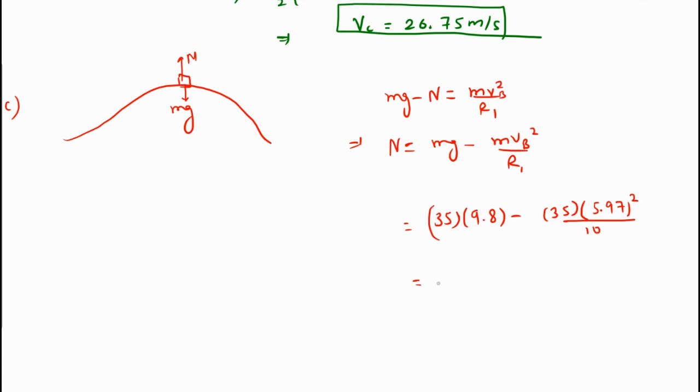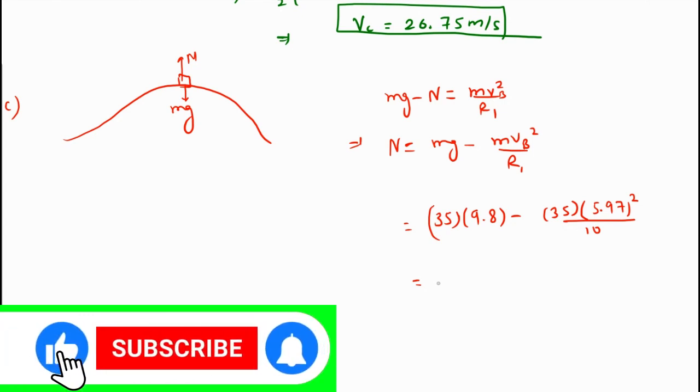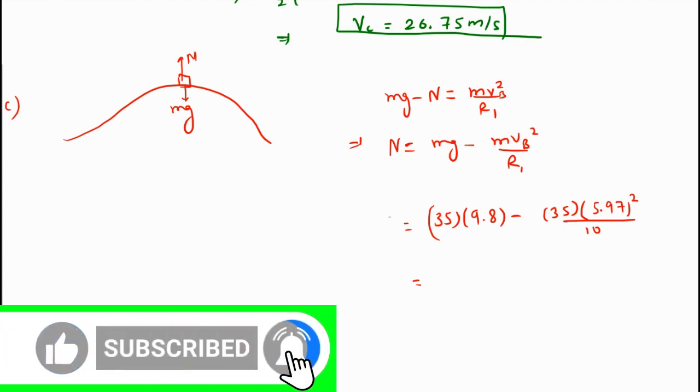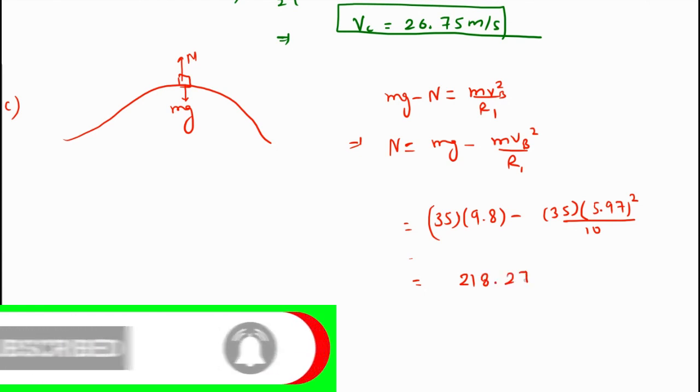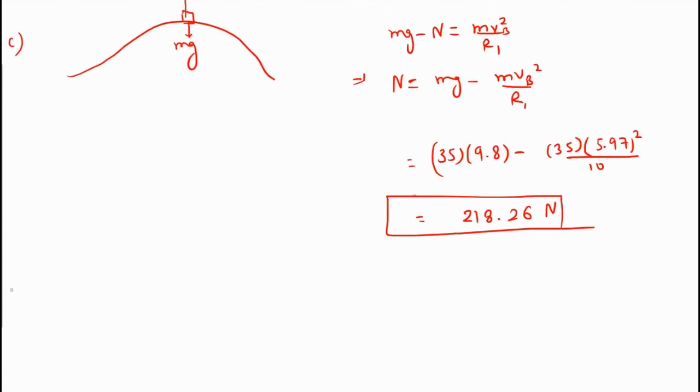Let me grab my calculator. That's 5.97 square over 10, and 9.8 minus this value times 35 comes out as 218.26 Newtons. So that is the apparent weight at B, at this topmost point.